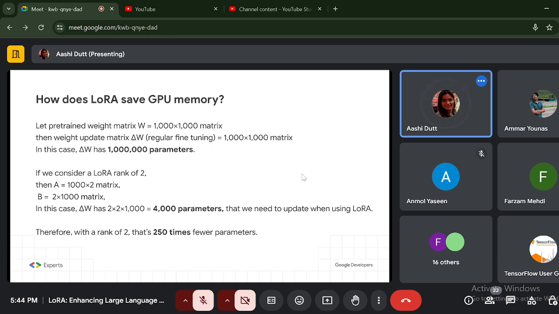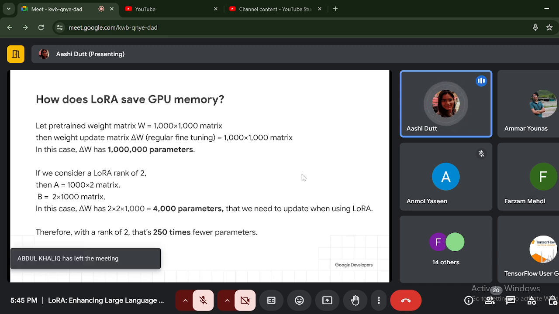Then the weight update matrix delta W during fine tuning would be the same size, because you're just mimicking W with delta W. So in this case, delta W has 1000 cross 1000 parameters.